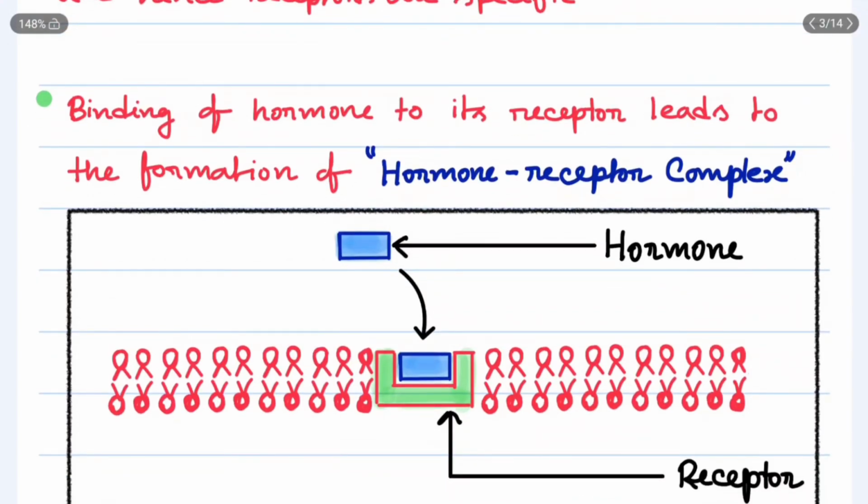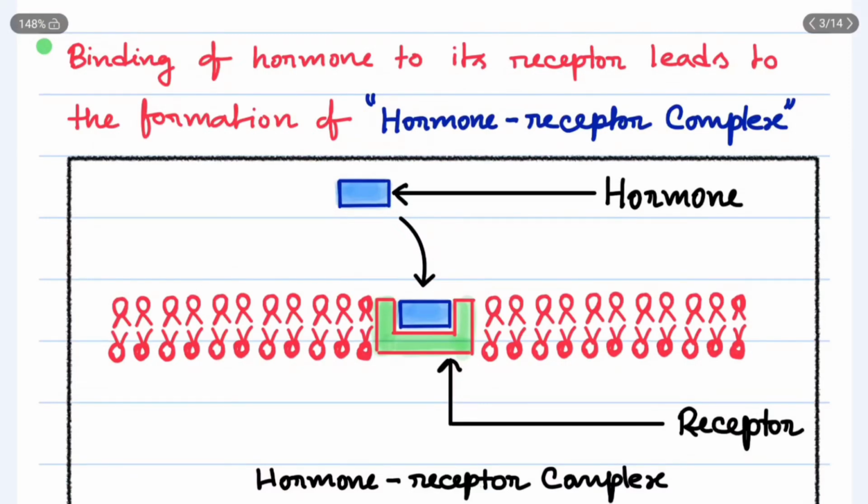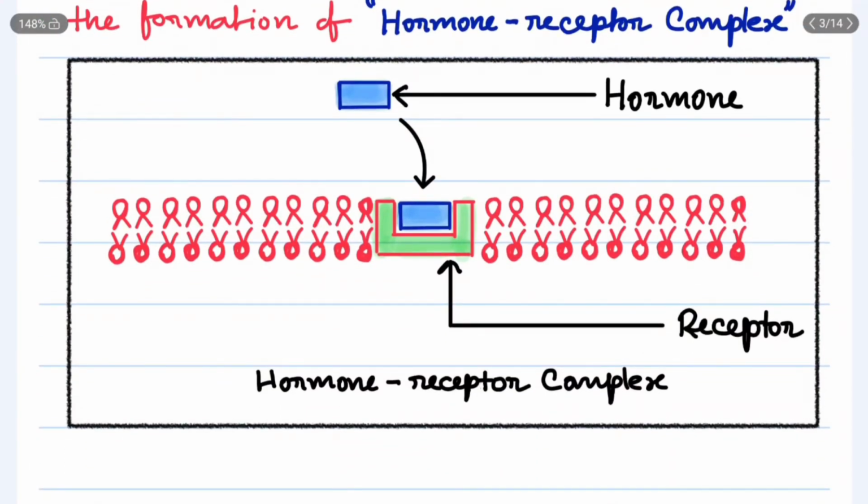Now, binding of hormone to its receptor leads to formation of the hormone receptor complex. Now we will see what the hormone receptor complex is. As we can see in the photo, we have drawn a hormone in blue color, and here we have drawn the cell membrane, and in green color there is a receptor. Now the hormone comes and binds with the receptor, which leads to formation of the hormone receptor complex.